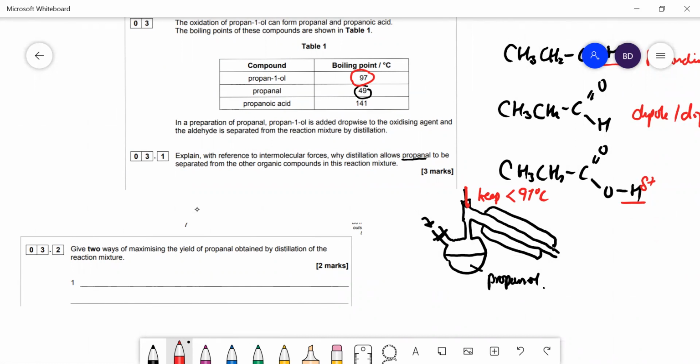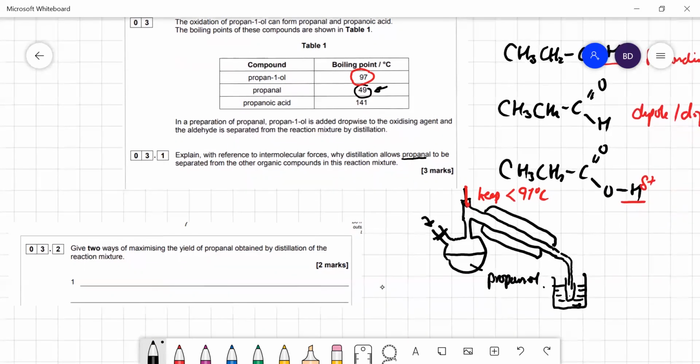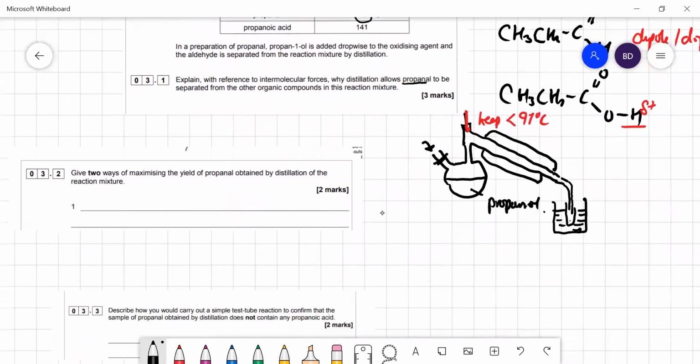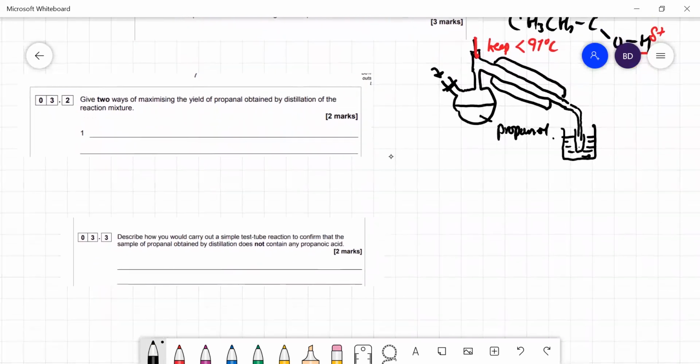The less obvious one is that this is quite volatile, 49 degrees C, so you're probably best collecting that in a cold water bath. Otherwise, you're going to lose some by evaporation for the second mark. So keep the temperature below 97 and collect it in an ice bath.